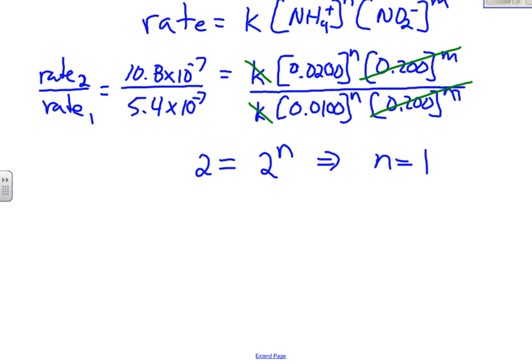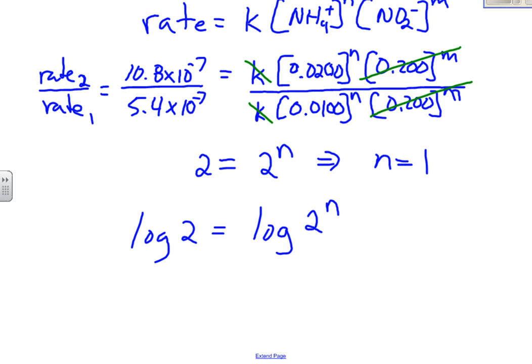Now, if the numbers don't work out too nicely for us, we end up having to use our logarithms. To figure out the value of n, we would take the log of both sides, and we'll use log base 10. So the log of 2 is equal to the log of 2 raised to the n power.